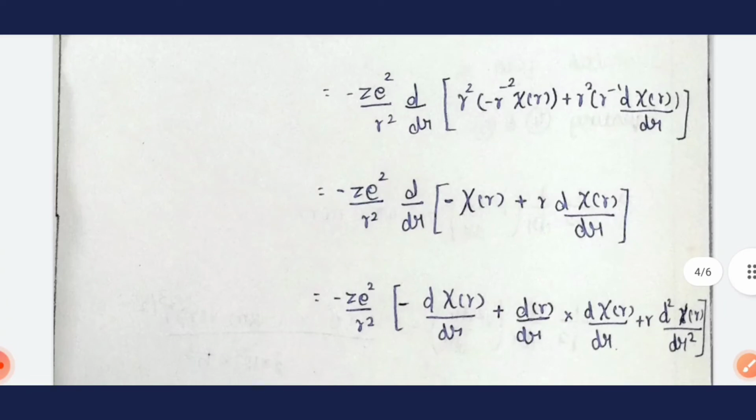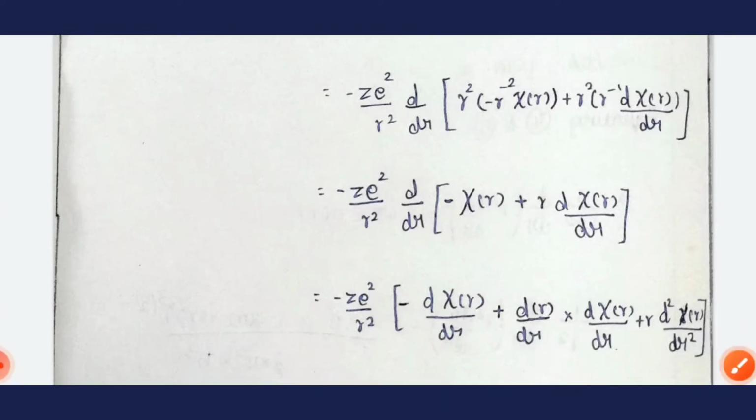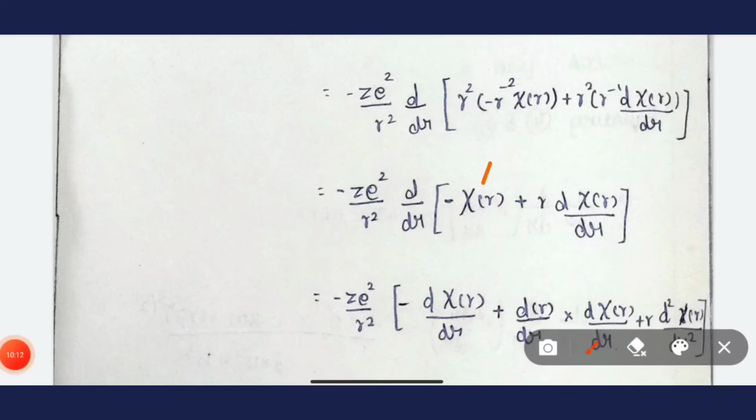So the term inside the bracket is minus chi of r plus r into d chi of r divided by dr. Now I am going to differentiate these terms with respect to r again. So here I will be getting three terms: from the first term we have one term from differentiating chi of r. The second term is in uv format, so I am going to differentiate it in terms of uv form, and I will get two terms.